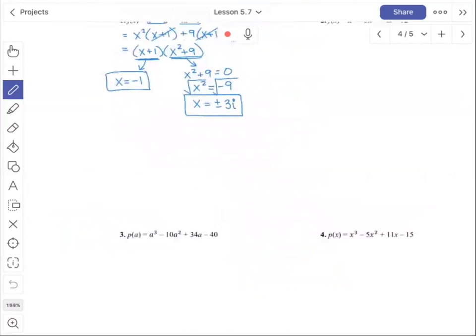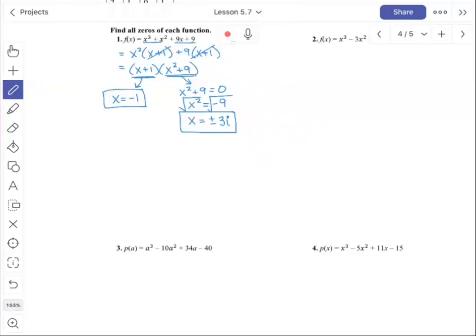So number 3. Looking at that, if I did the same thing I did with number 1, I wouldn't get twins, right? If I pulled out the GCF, I wouldn't get twins. So that's why it's not factorable.